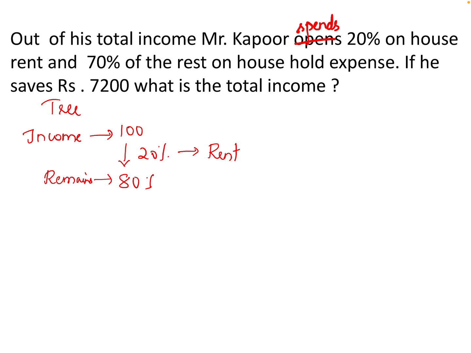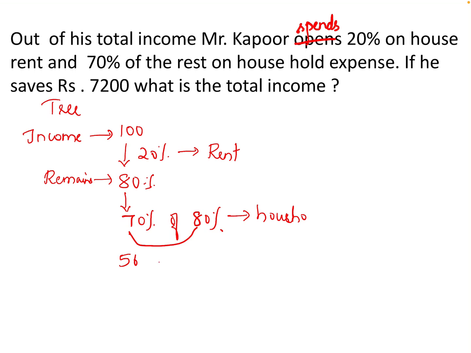Then 70% of the rest on household expense. Now how much is remaining? 80% is remaining. Now 70% of this remaining, 70% of 80%, he is spending on household. So what is 70% of 80%? 7 into 8, 56. So 56% he is spending on household.